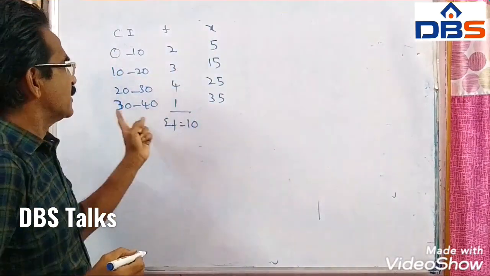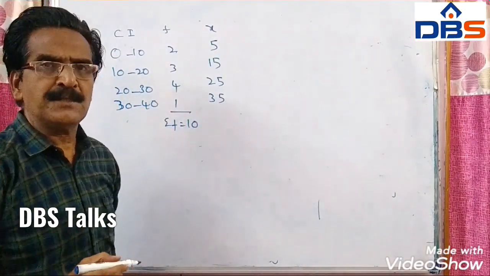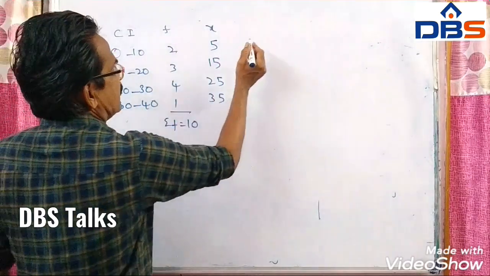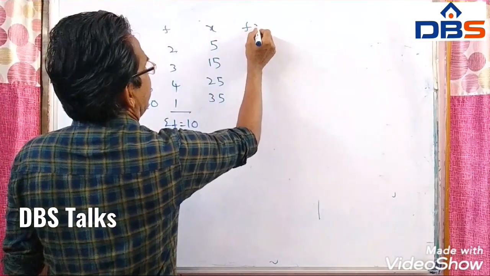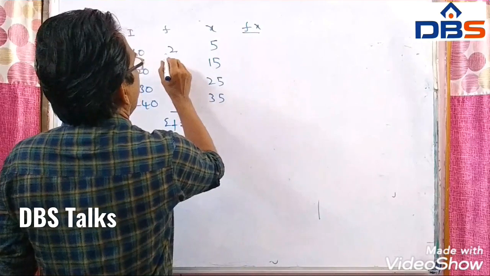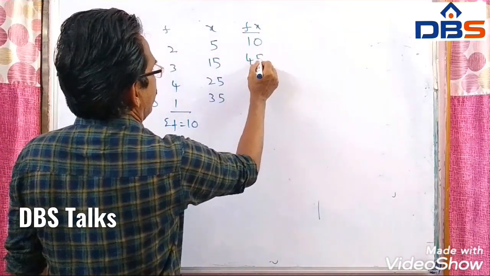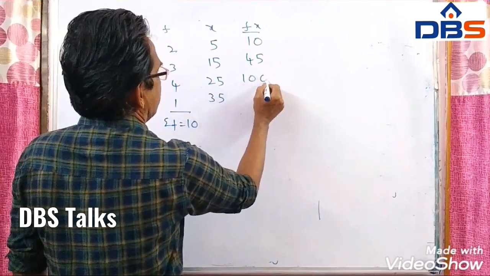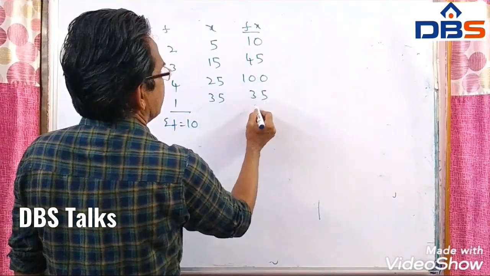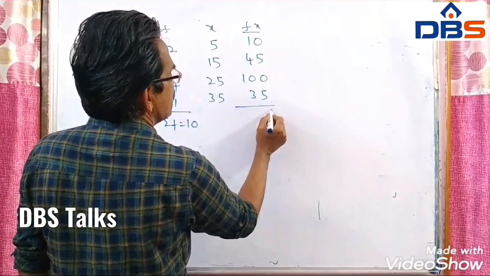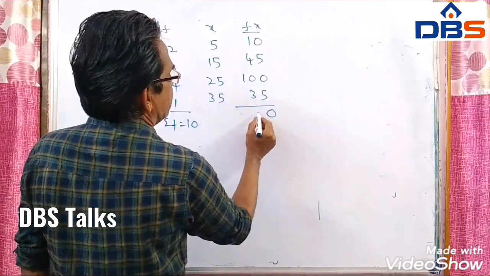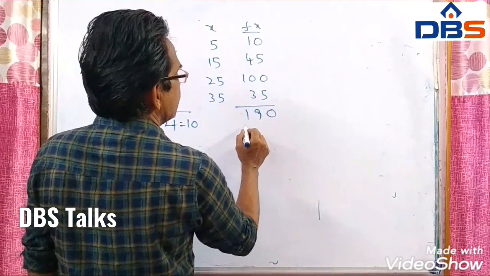These are the mid values. And let us find fx values: 2 fives, 10; 3 fifteens, 45; 4 twenty-fives, 100; 1 thirty-five, 35.